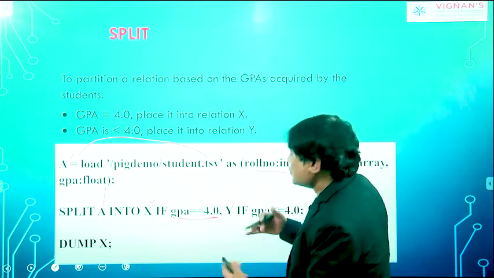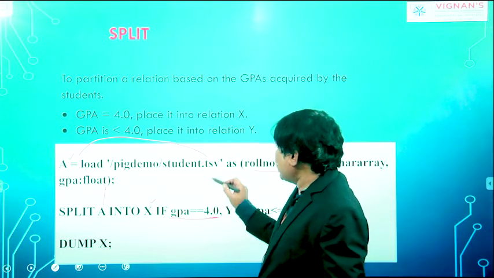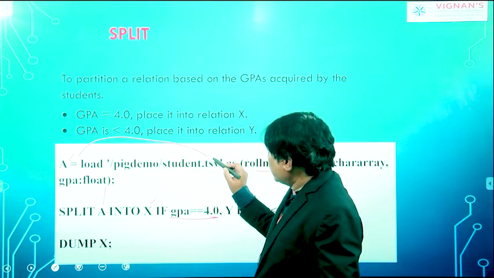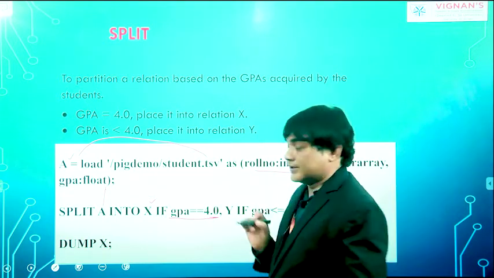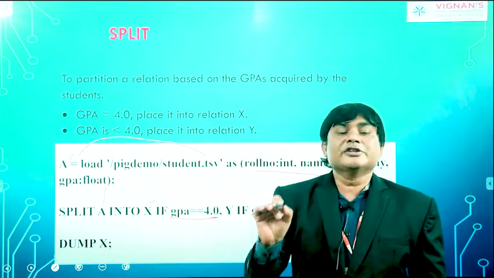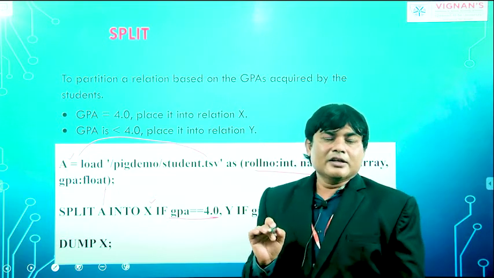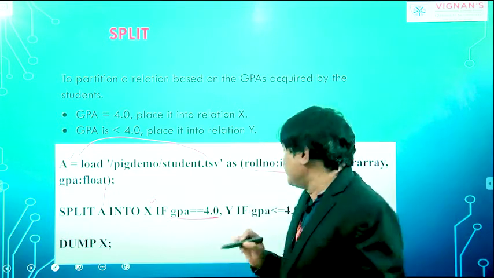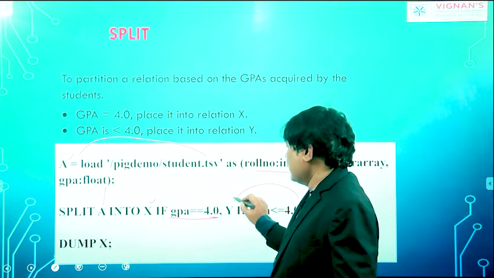In this way I am going to split the relation. So we get the student information, the result of the students whose GPA is equal to 4.0, into X, and the result of the students whose GPA is less than 4.0 into Y.